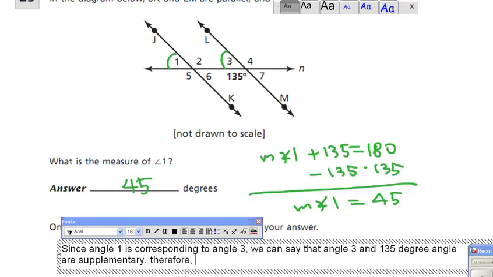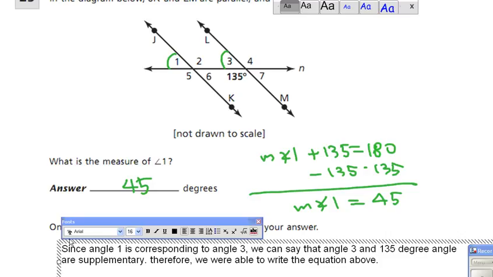Therefore, we will be able to write the equation. Right, that can be our answer.